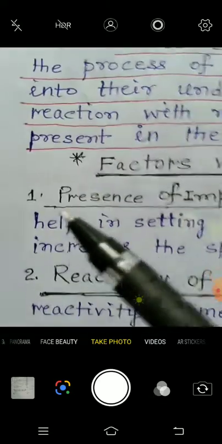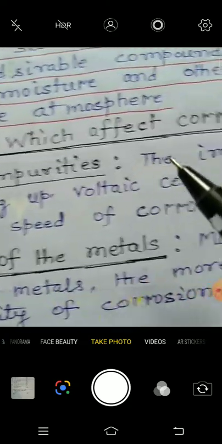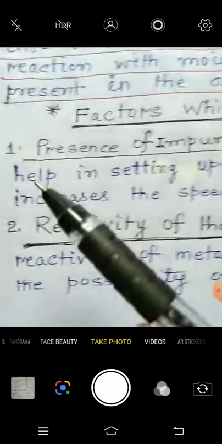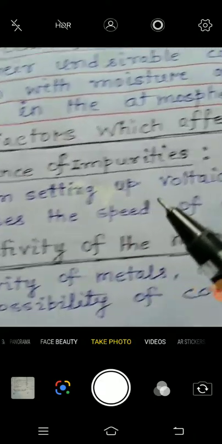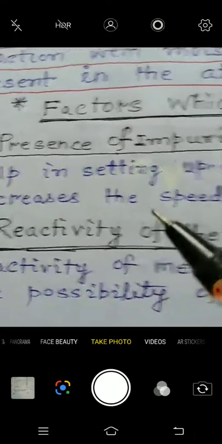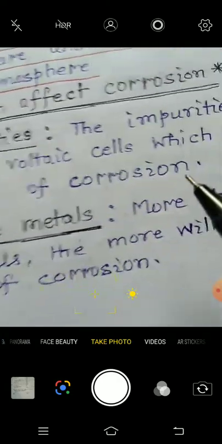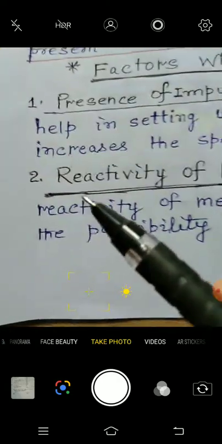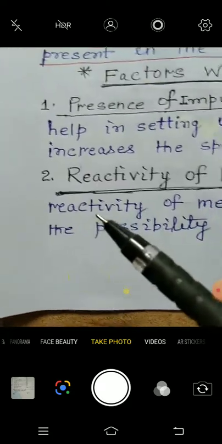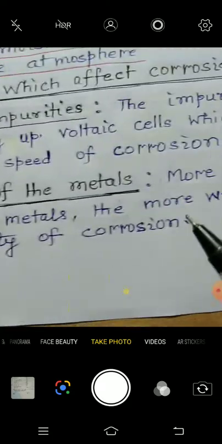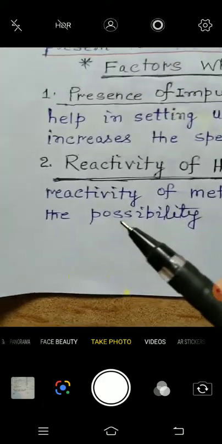Factors which affect corrosion: first, presence of impurities. The impurities help in setting up voltaic cells, which increases the speed of corrosion. Second is reactivity of the metals. The more reactive the metal, the greater the possibility of corrosion.